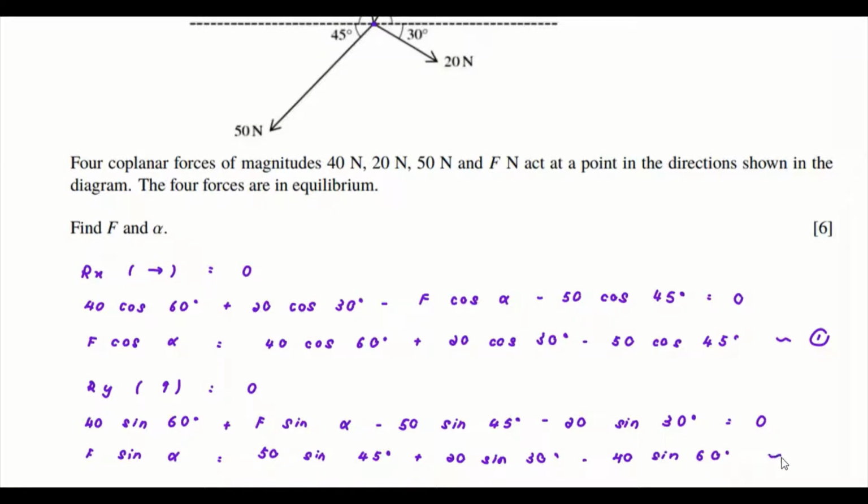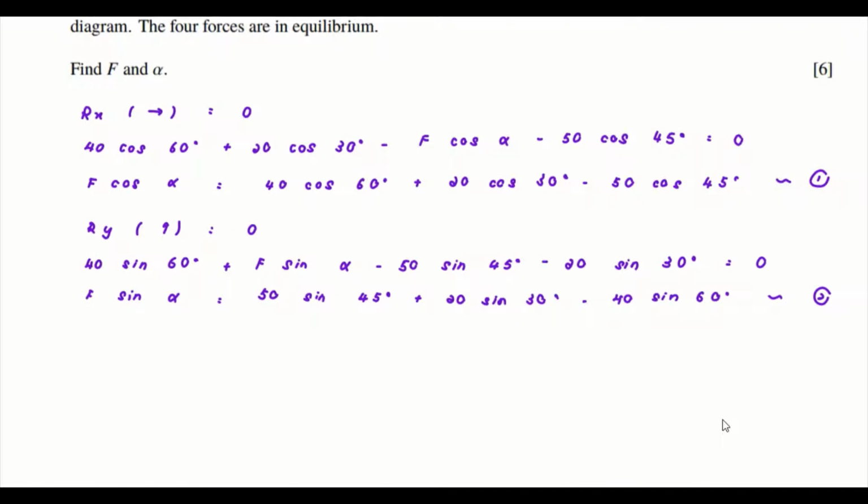This is our second equation. Now by having these two equations, we are going to solve it. It seems very complicated, so how am I going to do this? We have F cos alpha, F cos alpha and also F sine alpha, right?